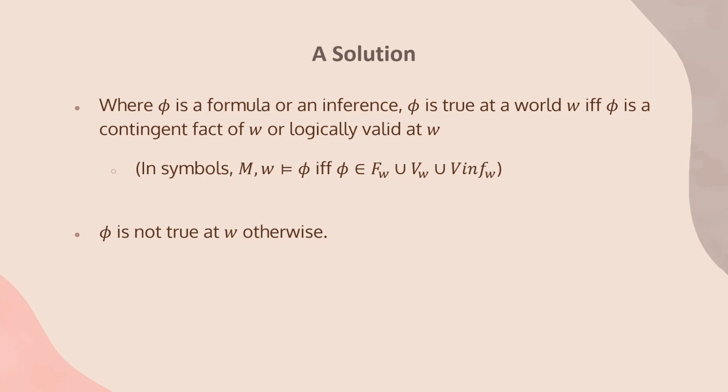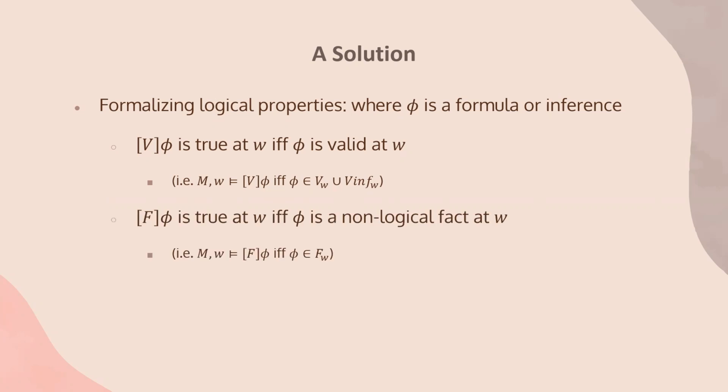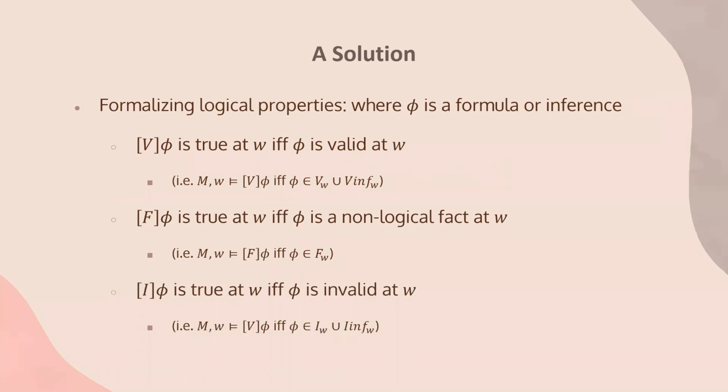And phi is not true otherwise. And we can define the operators themselves. V phi is true just in case phi is valid at W, namely if phi is in one of these validity sets. F phi is true just in case it's contained in the set of contingent facts at that world, and phi is invalid just in case it's contained in one of the sets of invalidities.